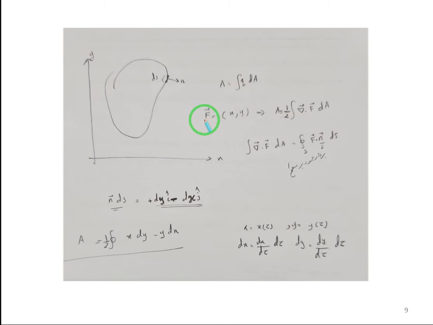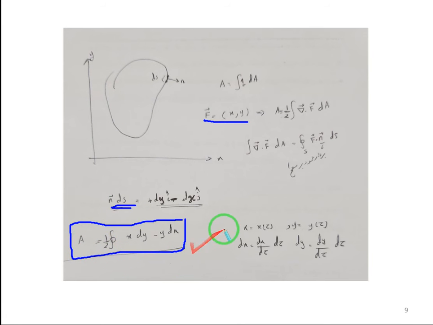We use this term for F and this term for n ds. If we use the dot product of these two terms, we can show that F dot n ds equals this equation. Now we can show how we can calculate the area of the closed curve using this formula.